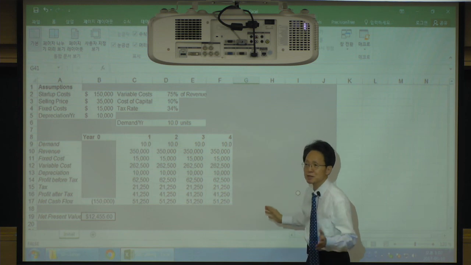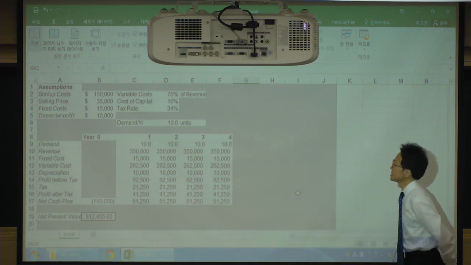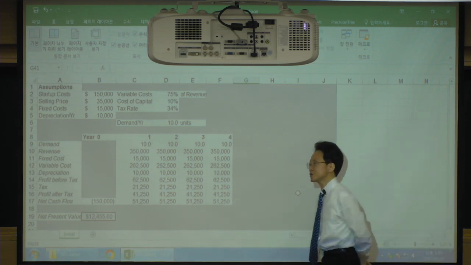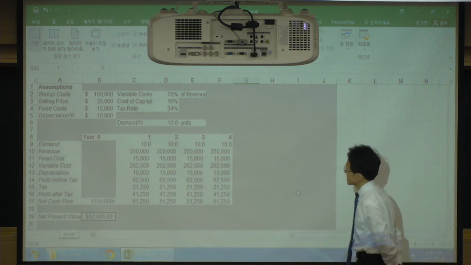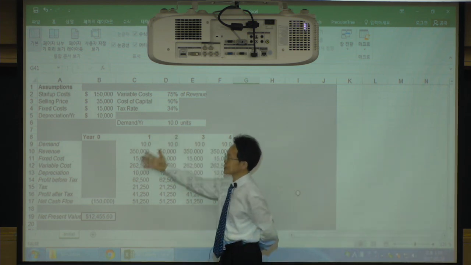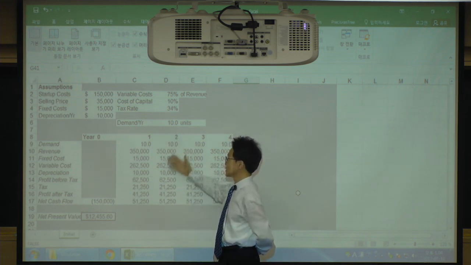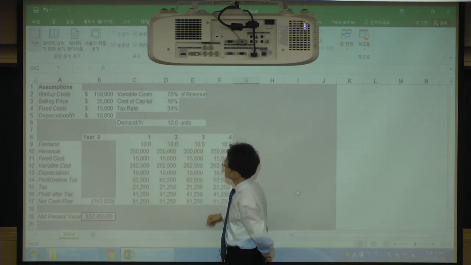This is an income statement, to see whether it is justified to develop the new aircraft. So we set up a very simple format of income statement for the next 4 years.